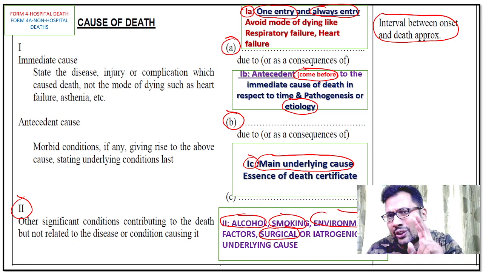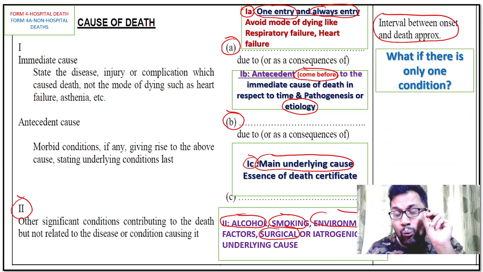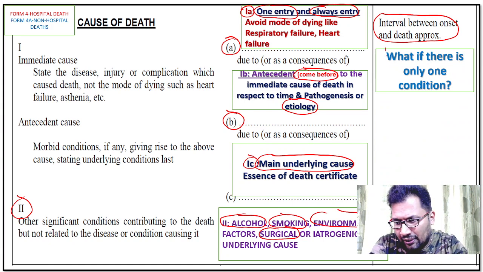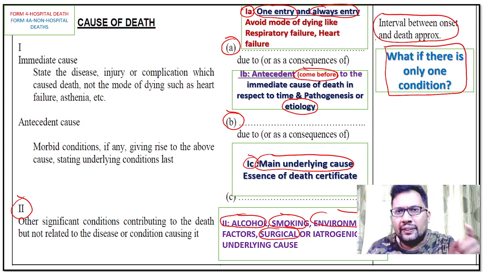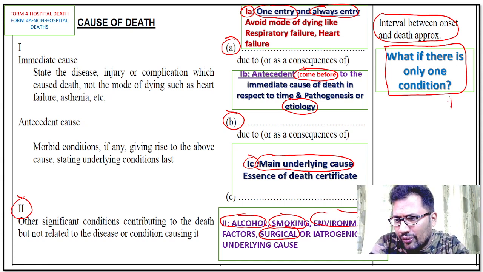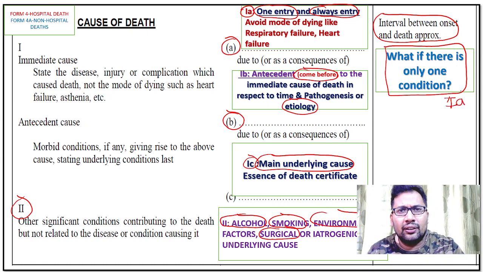There are two questions commonly asked in exam. One is, what if there is only one condition? Consider there is only one condition. What to do? If there is only one condition leading to the immediate death of the person, then you can mention it in 1A.